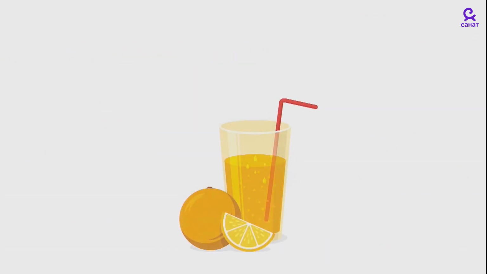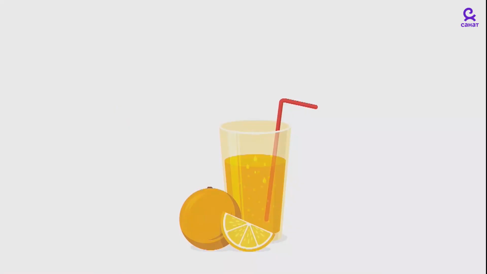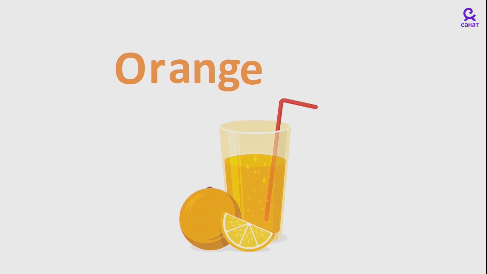What do you see in this picture? Is it a drink? Is it an orange juice? Yes, it is. Let's repeat together. Orange juice. Orange juice. Let's spell it. O-R-A-N-G-E. Orange. J-U-I-C-E.